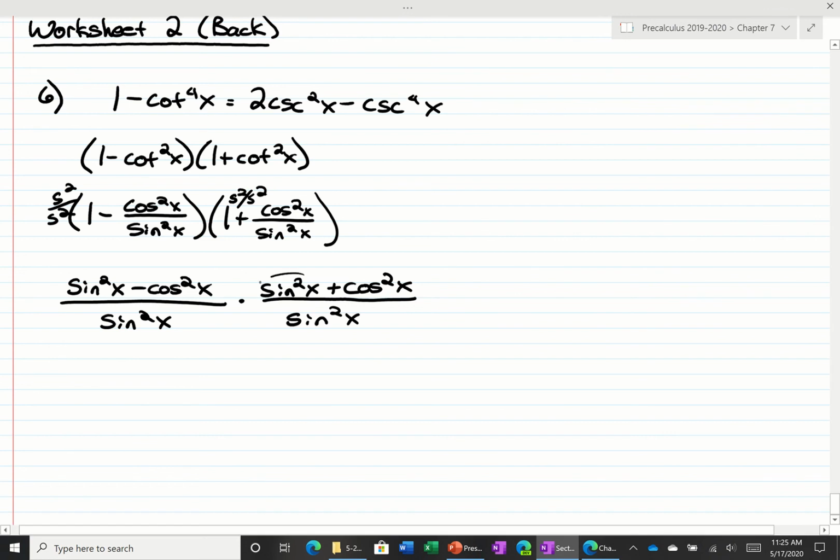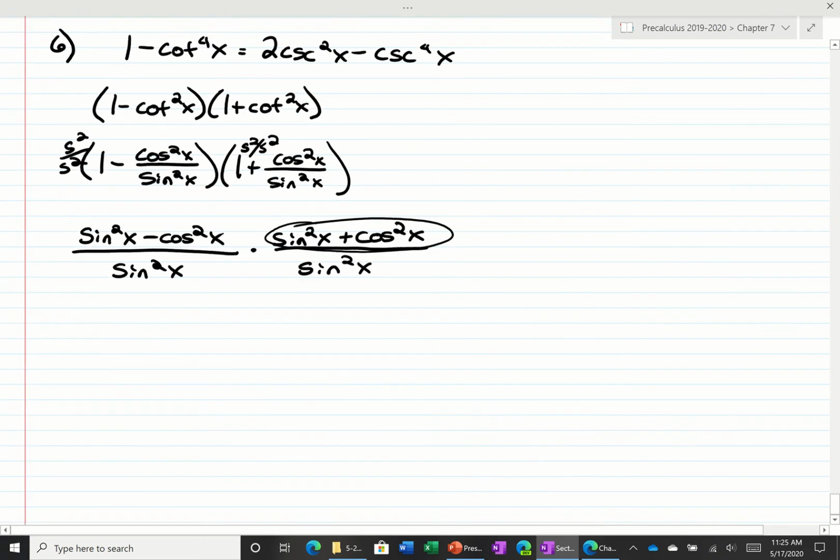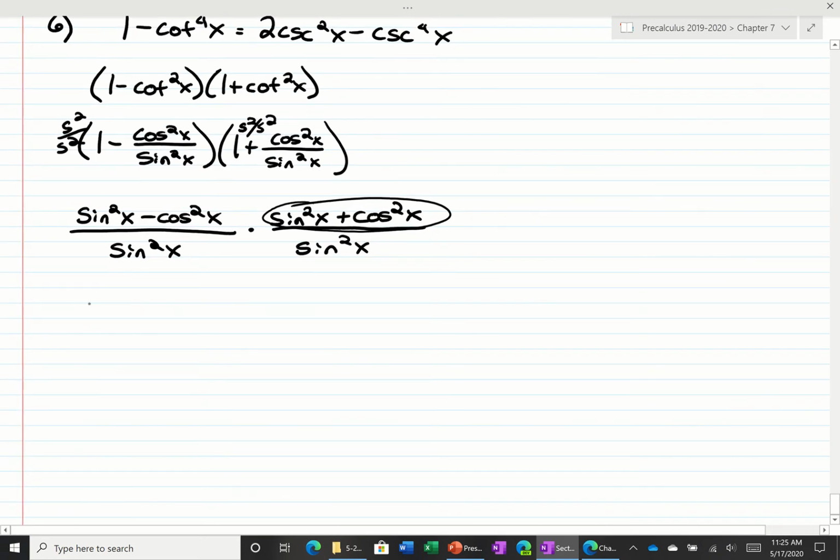Well, this is really just 1. So we wind up getting sine squared of x minus cosine squared of x over sine to the 4th of x.